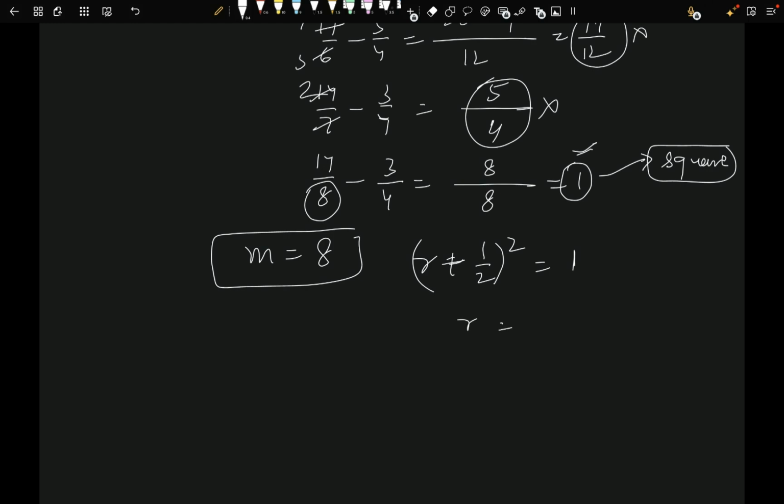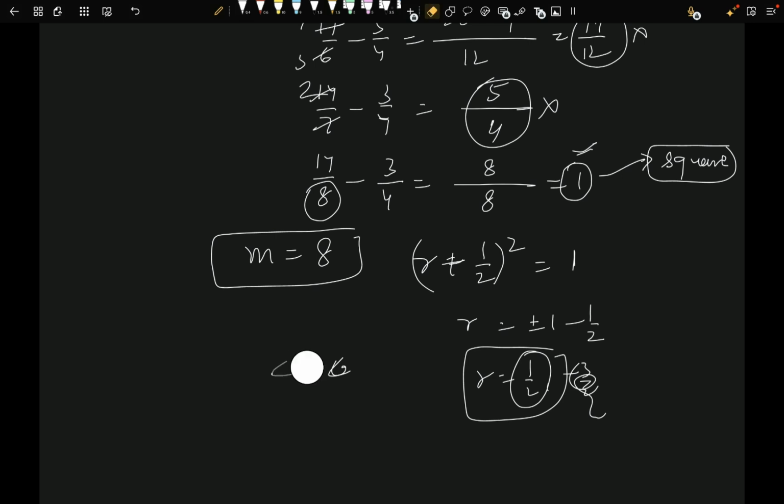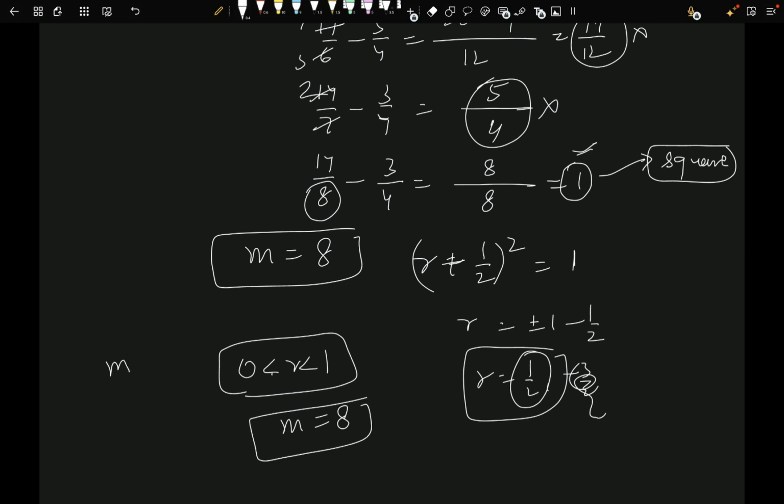So r is equal to plus minus 1 minus 1 by 2, so r is half and minus 3 by 2, so there is no point, r is half. So r is between 0 and 1. One second. r is between 0 and 1 and m is a positive integer which is between 14 by 3 and 14. So all criteria are satisfied, so m is 8.